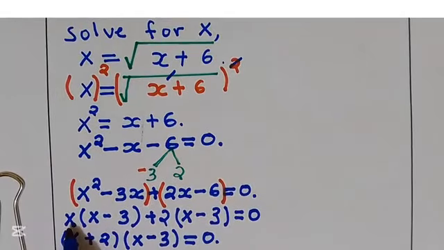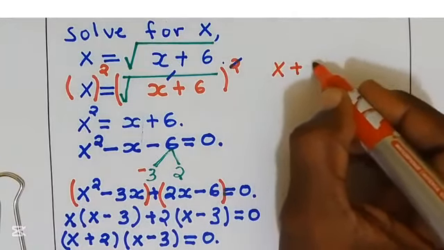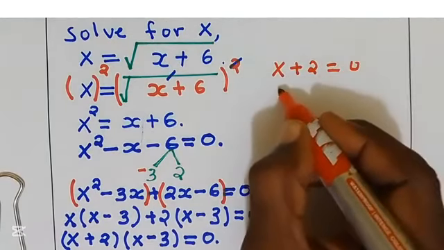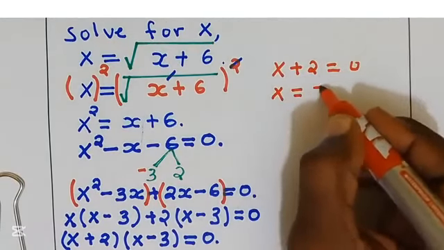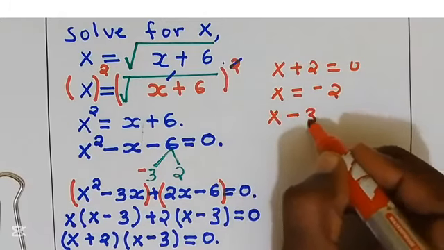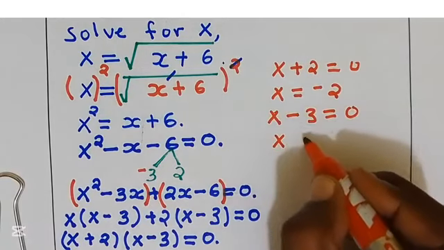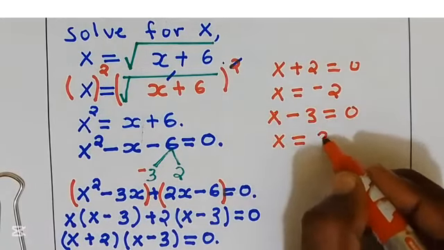Now we get our factors, which are x plus 2 and x minus 3, which is equal to 0. Now x plus 2 equal to 0, which gives us x is equal to negative 2, and x minus 3 is equal to 0, which gives us x is equal to 3.